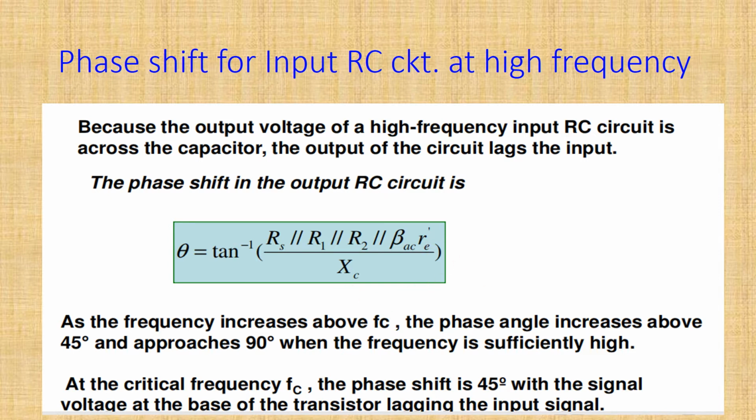As the frequency increases above FC, the higher cutoff input frequency, the phase angle increases above 45 degrees and approaches 90 degrees when the frequency is sufficiently high. At the critical frequency FC, the phase shift is 45 degrees, with the signal voltage at the base of the transistor lagging the input signal.